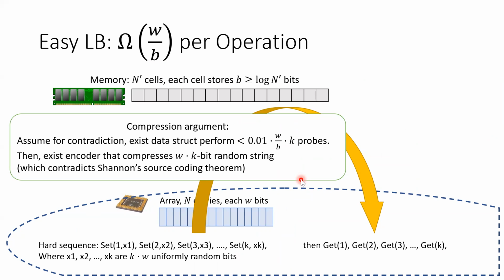It says that if there is a too-good-to-be-true construction that can use a small number of physical probes to answer this sequence of queries correctly, then we can construct an encoder that is capable of compressing a random string. But compressing a random string is impossible by Shannon's theorem, so that's a contradiction.